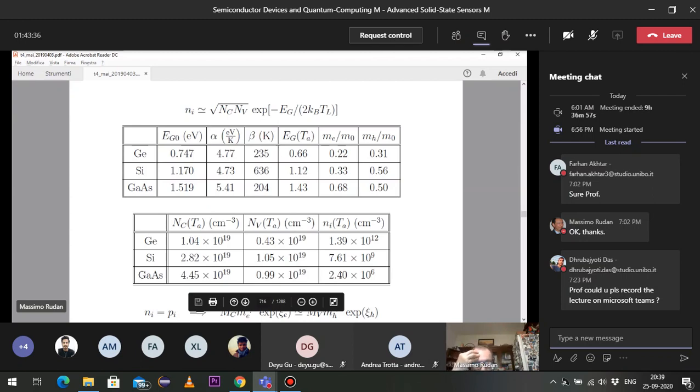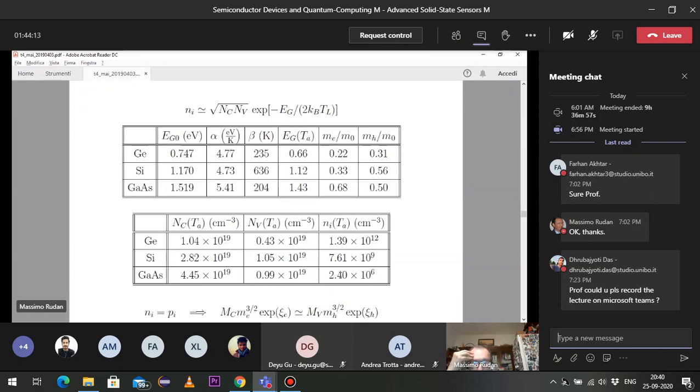Is this important? Yes, it is very important, because we shall see that if you take the very simple example of the p-n junction, and every electron device has some p-n junction in it, the saturation current, that is the current that flows through the PN junction when it is reverse biased, okay, is proportional to the square of the intrinsic concentration, okay?